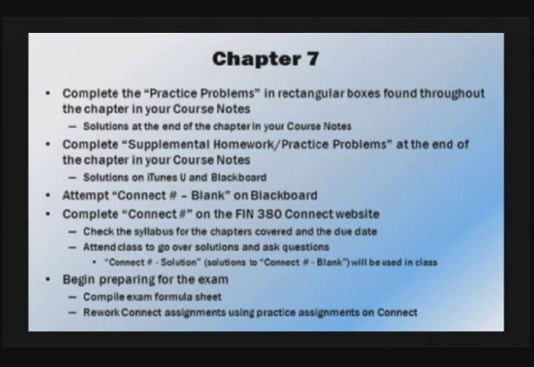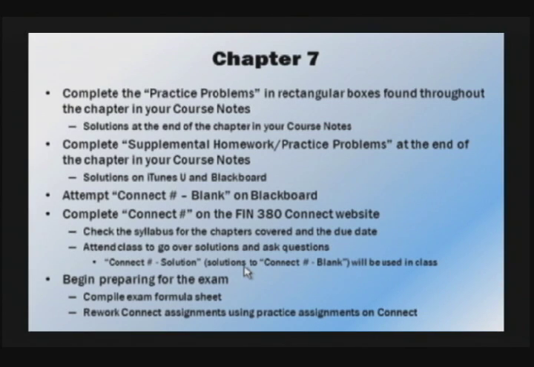You should bring the printed out version of that blank Connect assignment, because that's the one that we will discuss in class. And if you want us to look at your individual Connect assignment, you need to print it off or bring your laptop so that we may look at it with you during the question and answer period of the class. We would be happy to look at it and answer any questions you have.